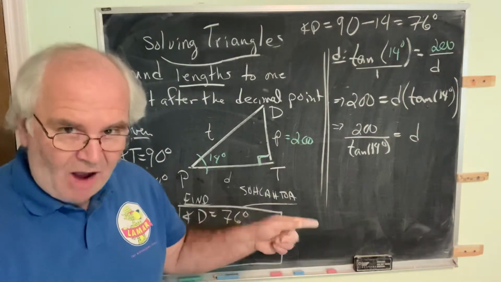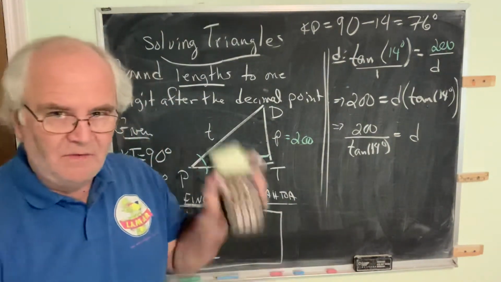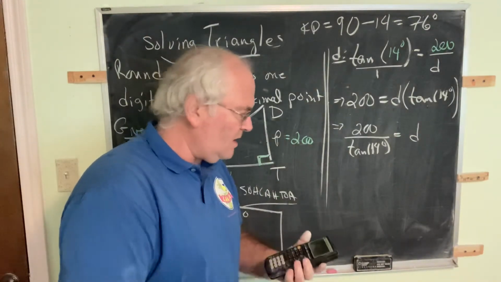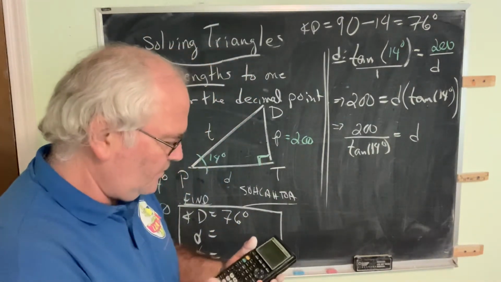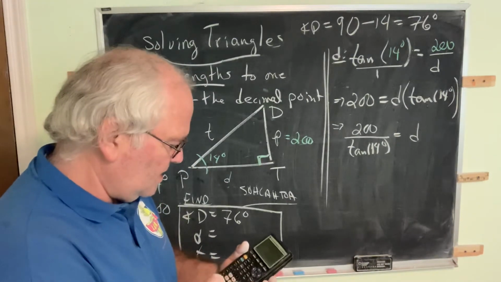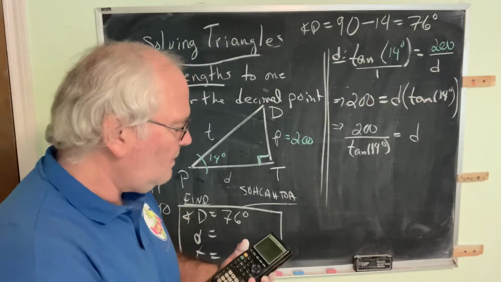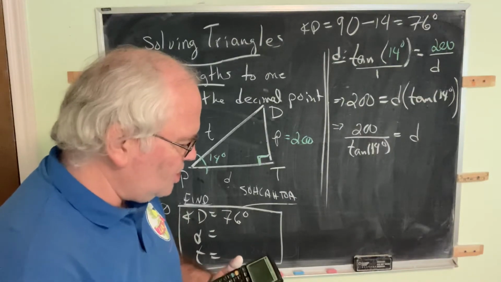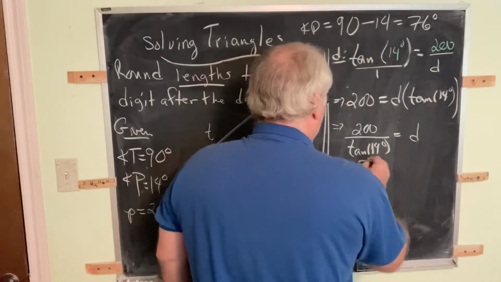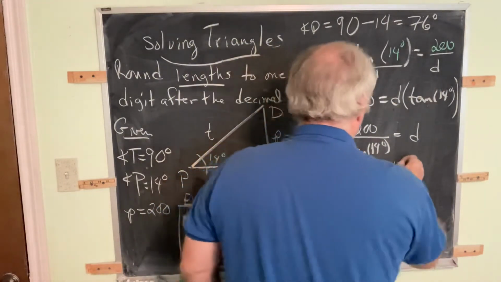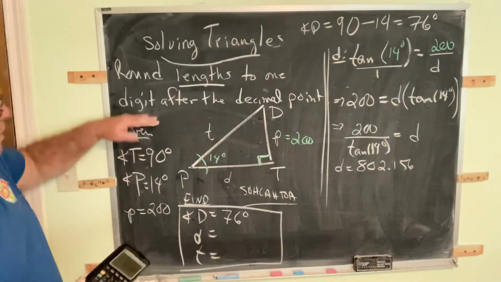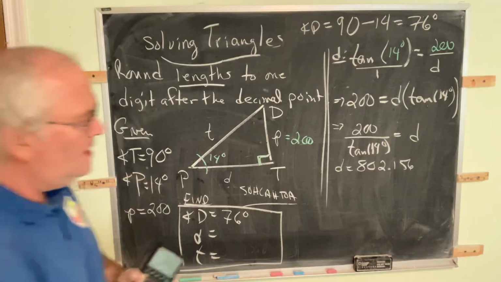Now at this point, go to the calculator. After you have solved for this value, let's go to the calculator. So I have 200 divided by tangent of 14 degrees. And what I have is 802.156. We want 1 digit after the decimal, so round.